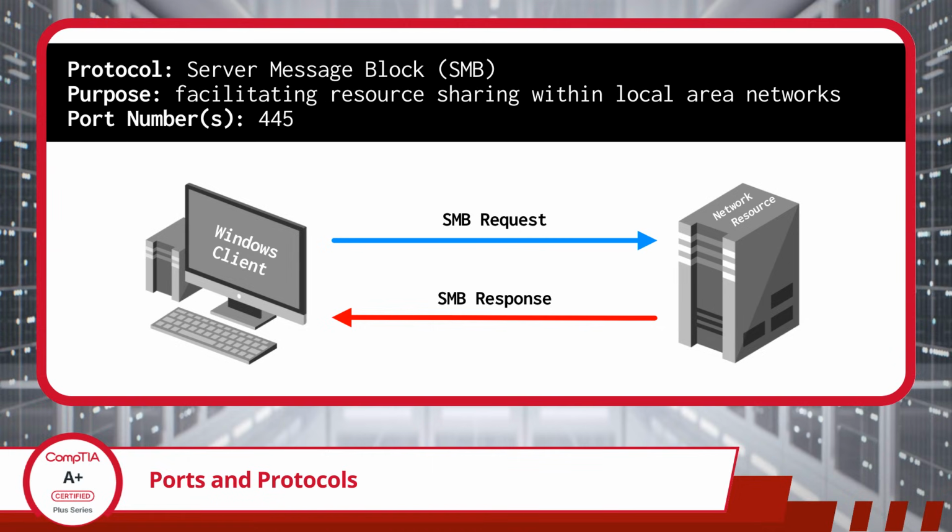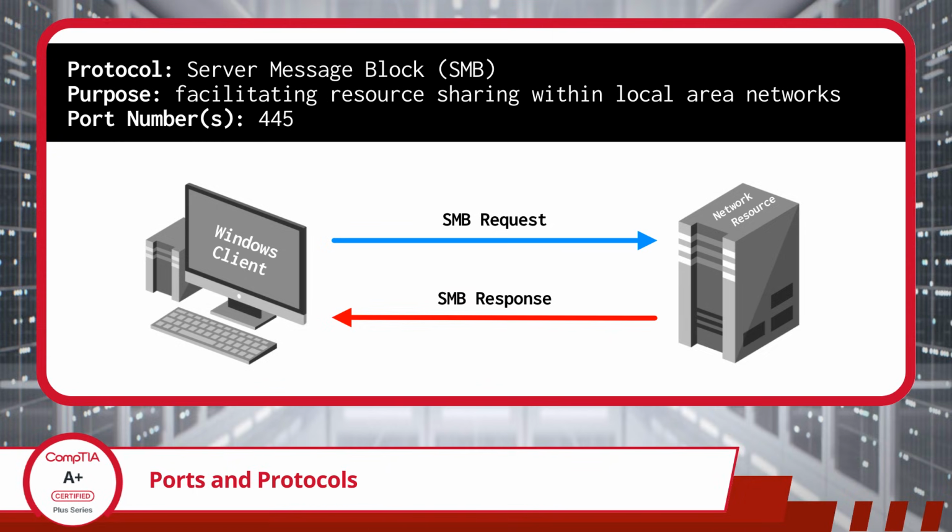Next is SMB. SMB, which stands for Server Message Block, is a network communication protocol used primarily for providing shared access to files, printers, and serial ports among devices on a network. It's most commonly seen in Windows environments, where it facilitates the easy sharing of files and printers within a local area network.